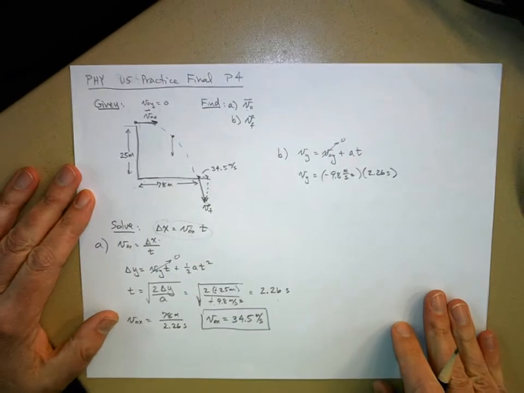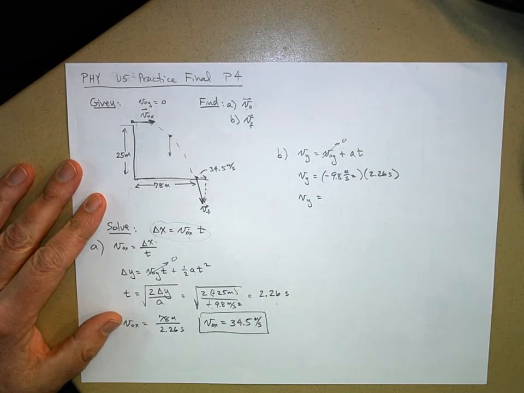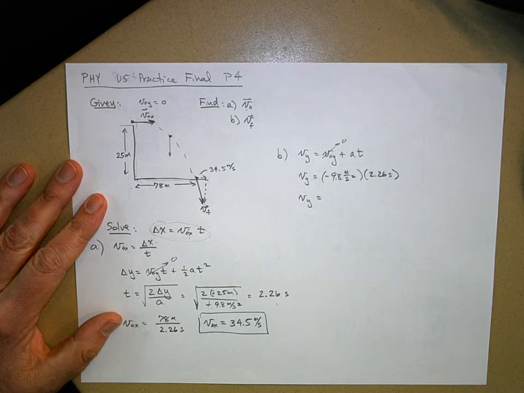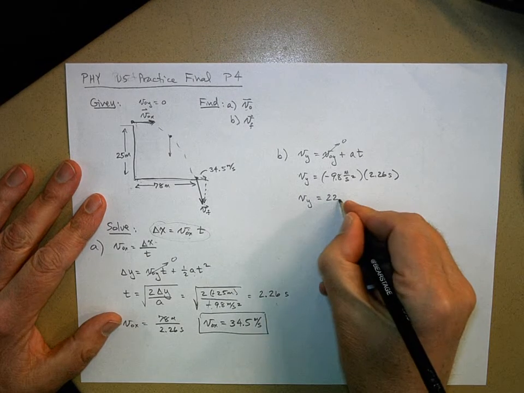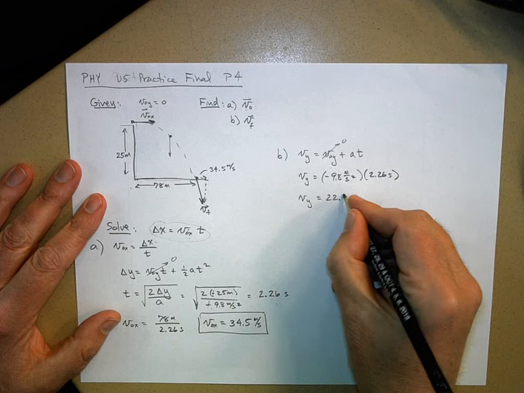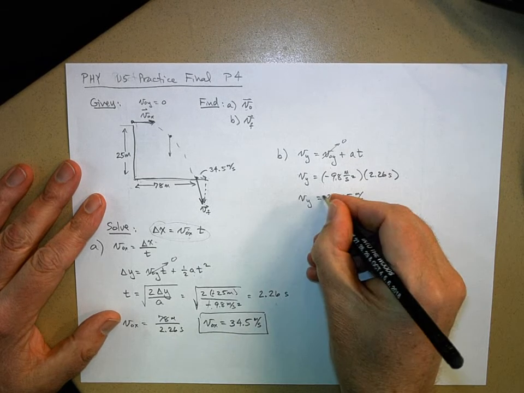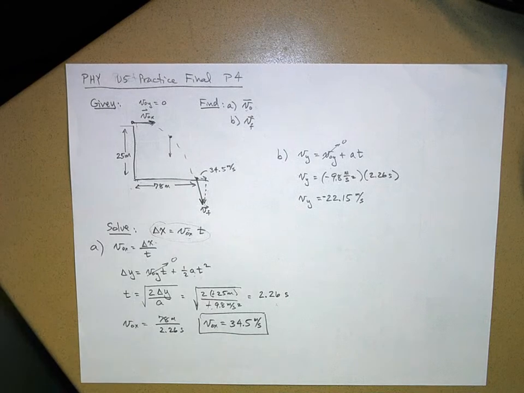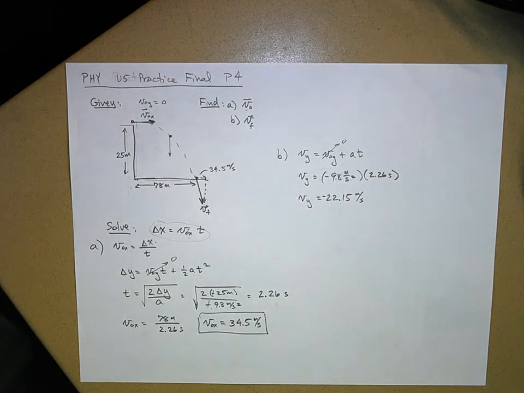So the final velocity in the y is 9.8 times 2.26, 22.1 meters per second. Oh, it's negative, right? It's negative because obviously the ball is falling down, and the negative means it's in a negative direction.